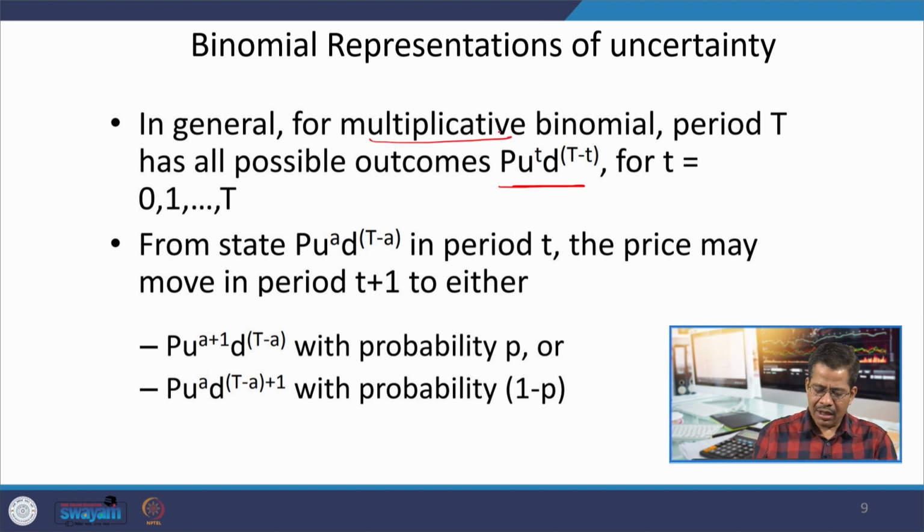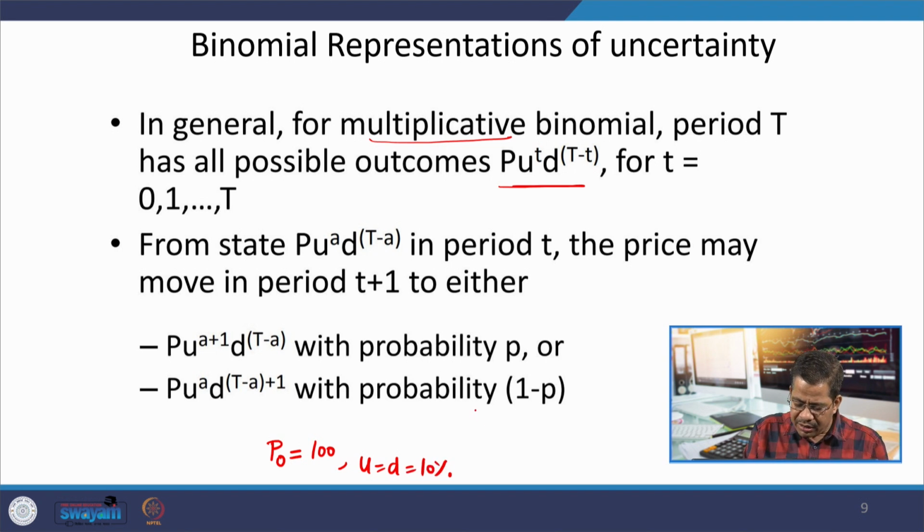Multiplicative means that the price in period 0, the initial price P naught, is, let us say, 100 rupees, and u and d are 10%. So in period 1, when I say Pu, the price has increased by 10%, that is 110. The price has decreased by 10%, it is 90 rupees.